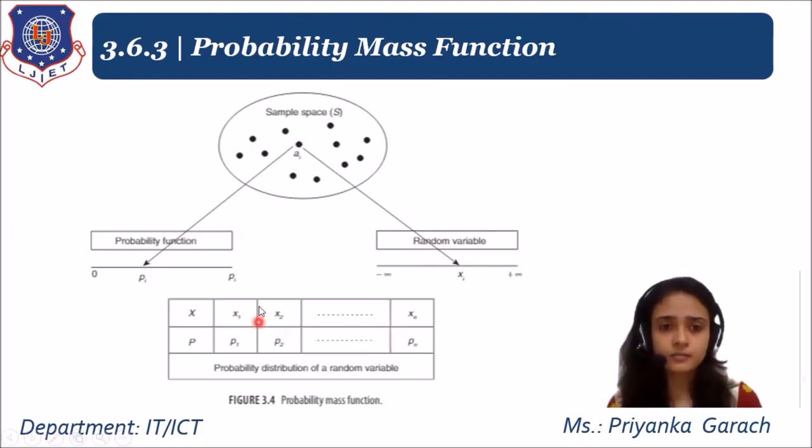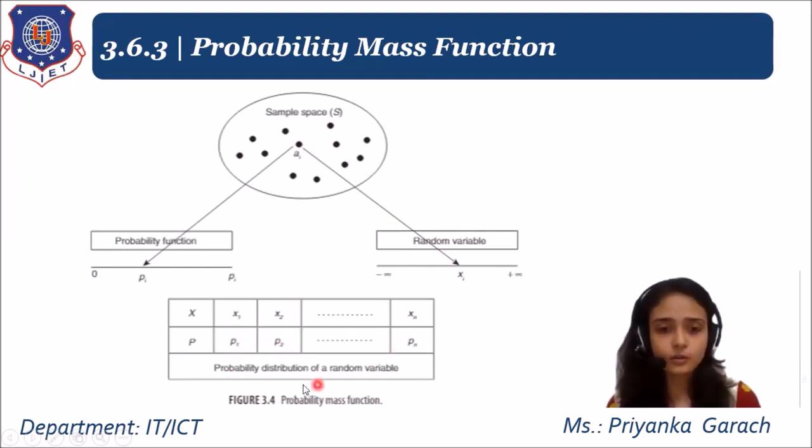Suppose the corresponding random values related to the outputs are x1, x2 up to xn, and the corresponding probabilities are given like this: p1 for x1, p2 for x2, and pn for xn.